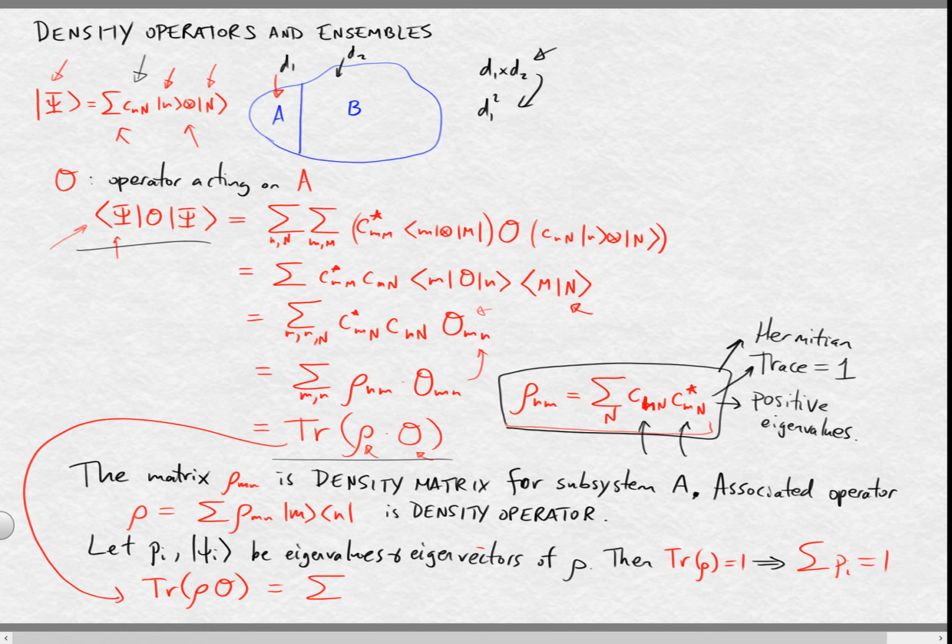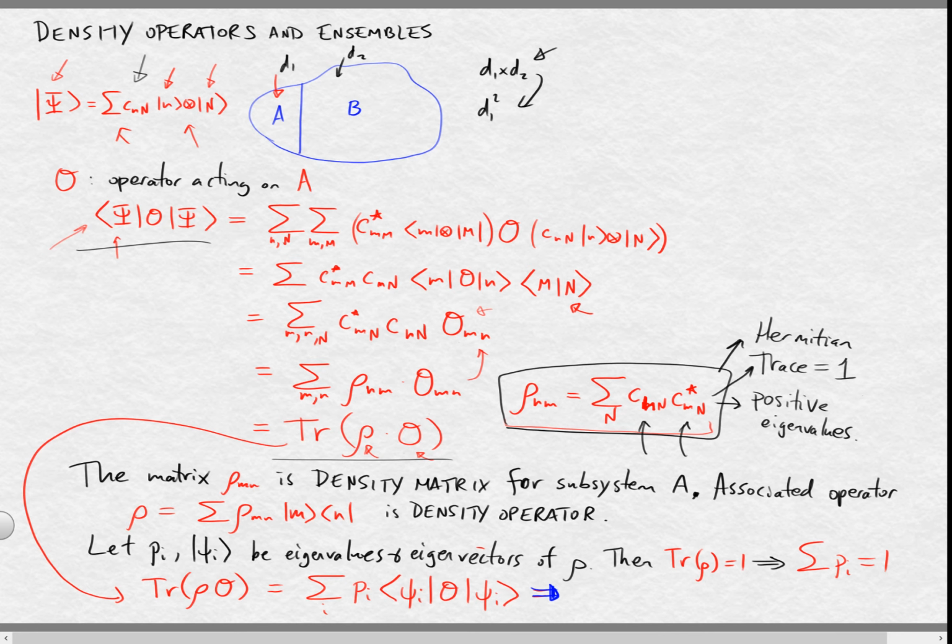In that basis, we can easily evaluate this trace, and it's going to be equal to this expression, which is the sum over i of the probability p_i, so that's one of the eigenvalues of rho, times this matrix element <psi_i|O|psi_i>. And that's exactly the expression that we had before when we were talking about ensembles. And so that actually proves this previous statement.